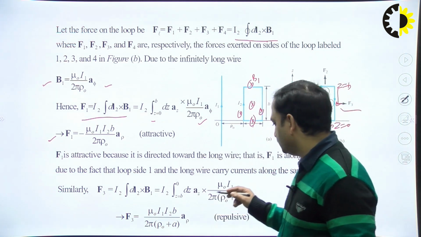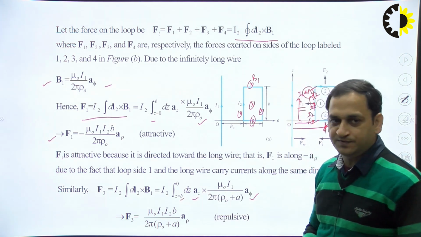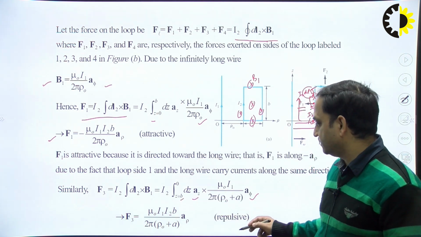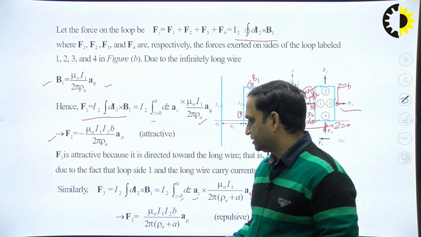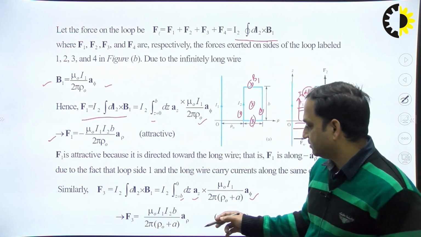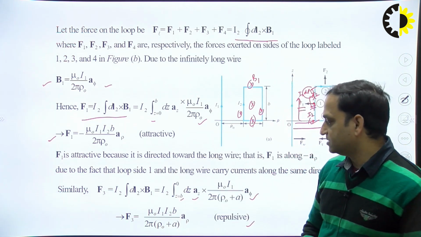So we use B1 this way. The dz is the same, and the limit is b to 0. When solving, F3 will be opposite of F1. But the case here is that in place of rho naught we have rho naught plus a, which is repulsive.